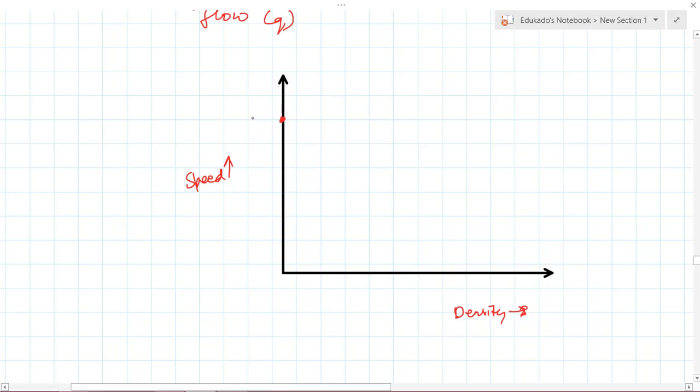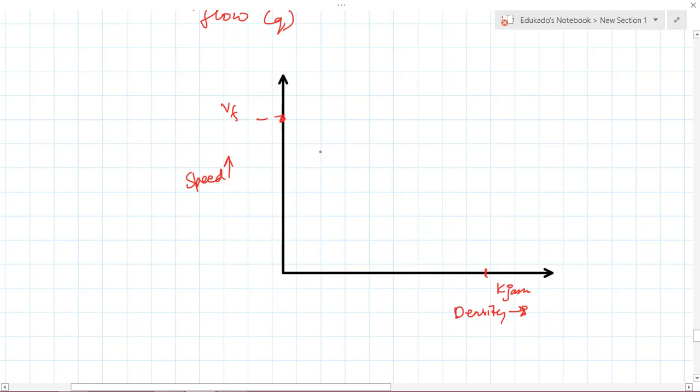This speed itself is known as, as I've discussed before, VF, the free flow speed. And at the jam density, Kjam, that's the maximum density, the speed will be 0 because there will be no motion between the cars.